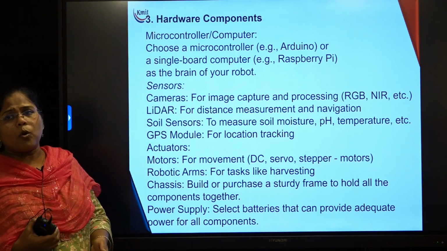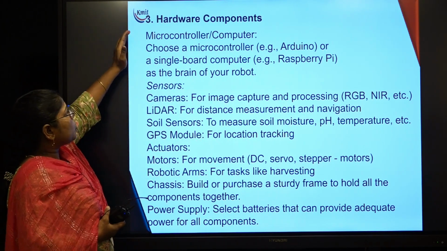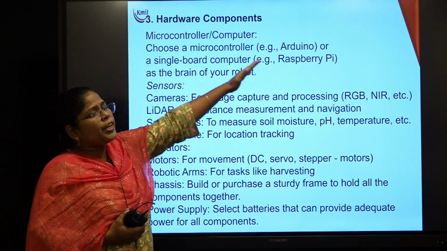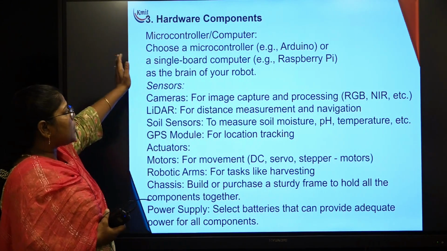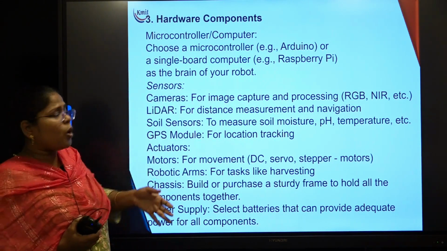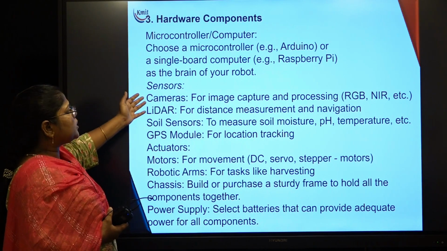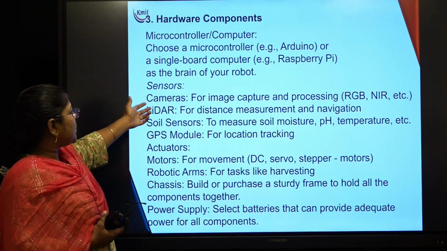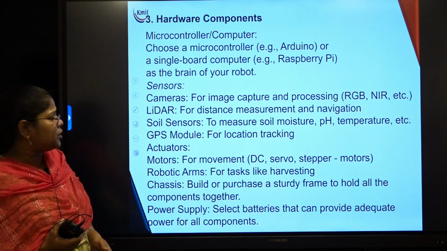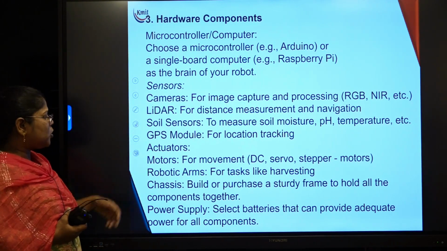In these hardware components, we have a microcontroller or the computer. Choose a microcontroller. It can be Arduino based or Raspberry Pi based, which can create the brain of the robot. And we have sensors. Sensors are nothing but cameras, lidars, soil sensors and GPS modules.